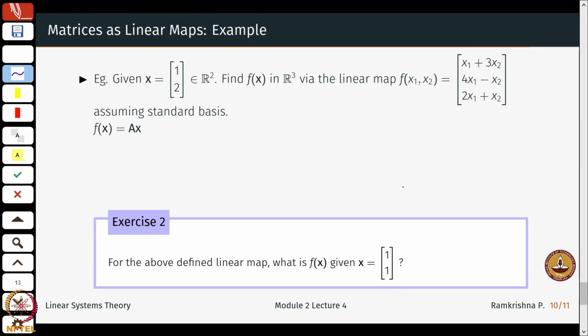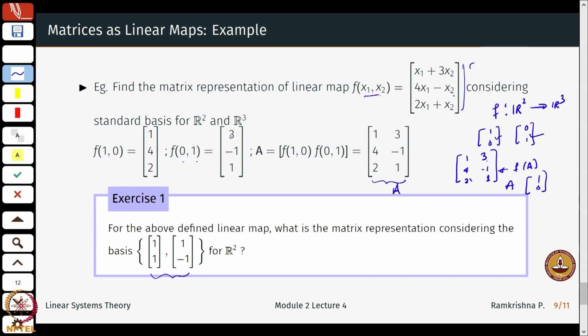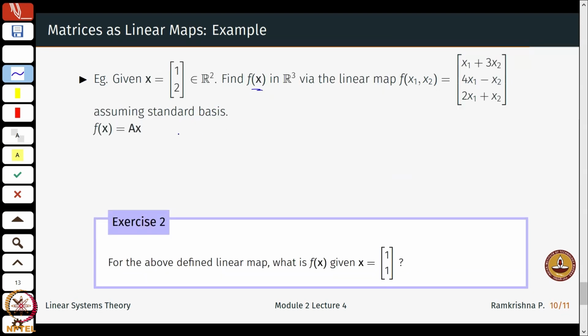Okay. So, one more example. Given a vector x in R2, find what f of x in R3 is via the linear map, which is again given by the same transformation as here. That's again trivial. You just substitute x1 equal to 1 and x2 equal to 2.